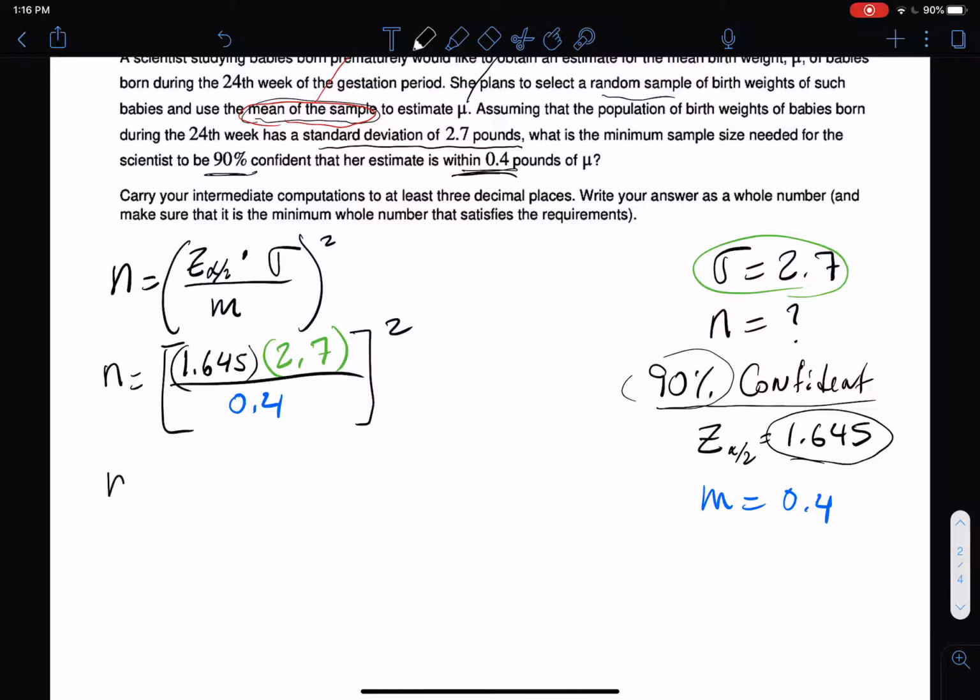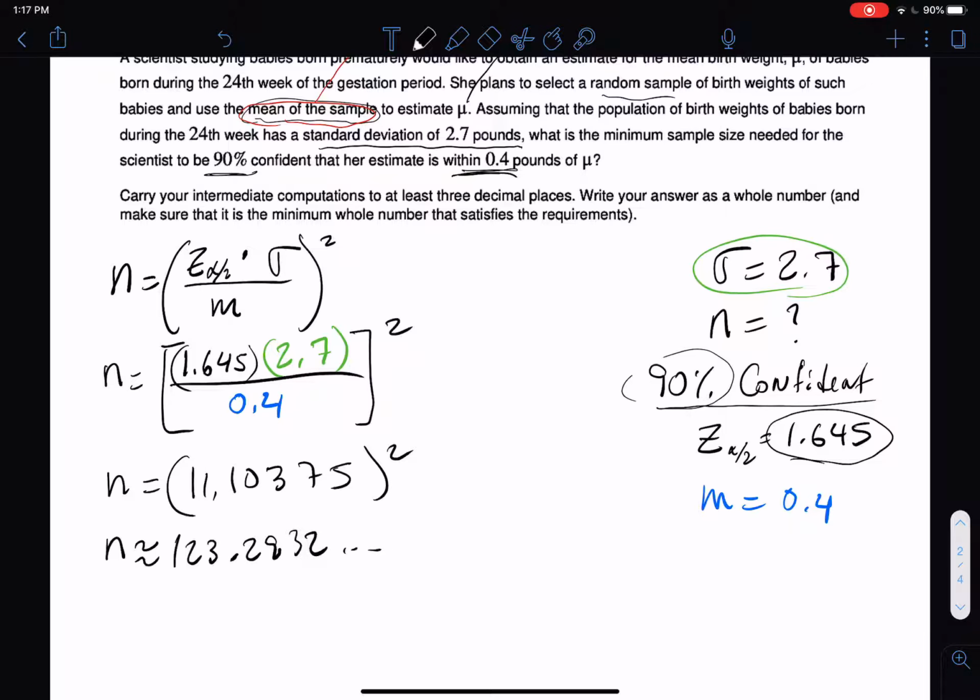So when I do the math on the inner part of this, I get 11.10375. Then I square that, and I get approximately 123.2932.